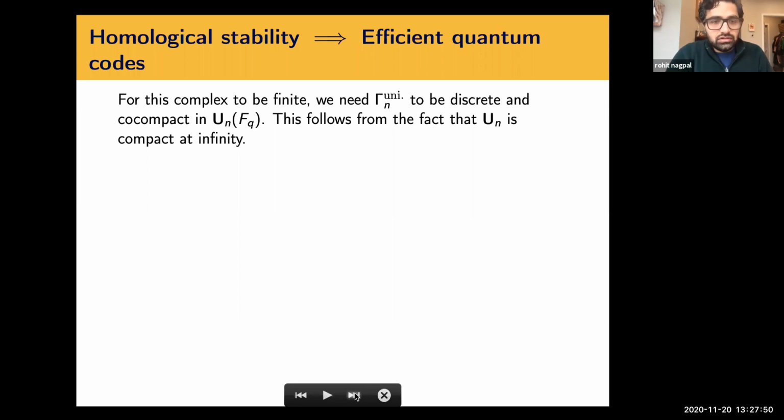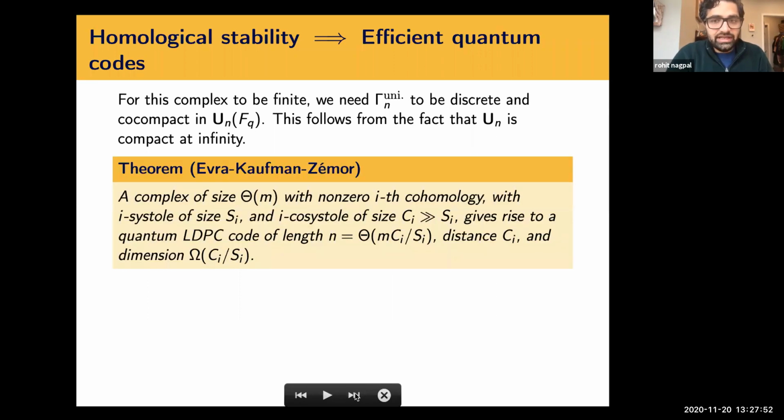Okay, so next I want to explain what to do with these Ramanujan complexes. Here's the main theorem, which says that if you have a Ramanujan complex, or actually any complex, then you can construct a quantum code if you know that the ith cohomology is non-zero and it has some systole and co-systole condition, right?